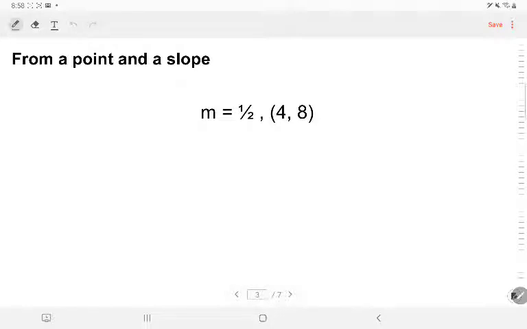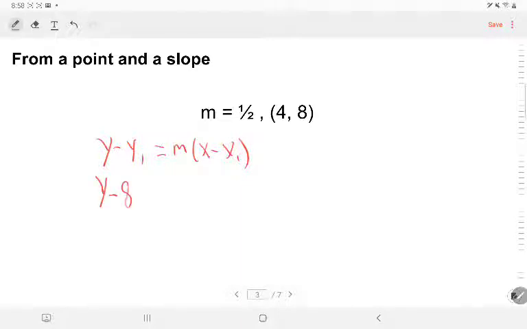All right. I can also do it if they give me a point and a slope. So remember that we have y minus y1 equals slope times x minus x1. Now plug in what we know.